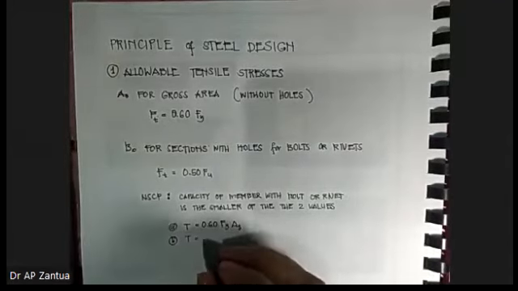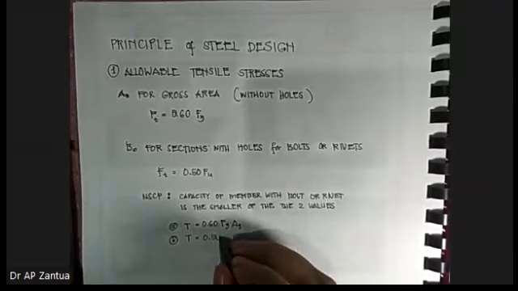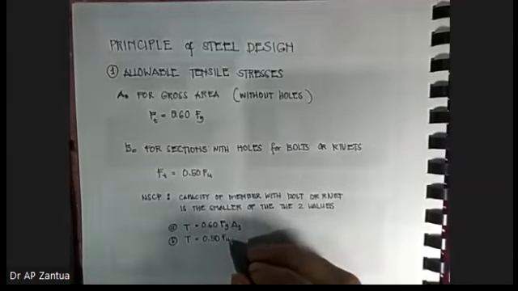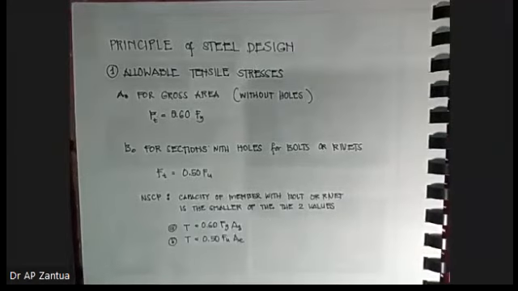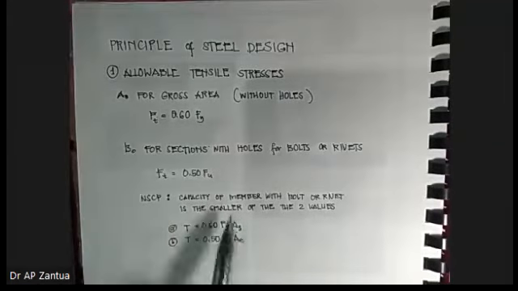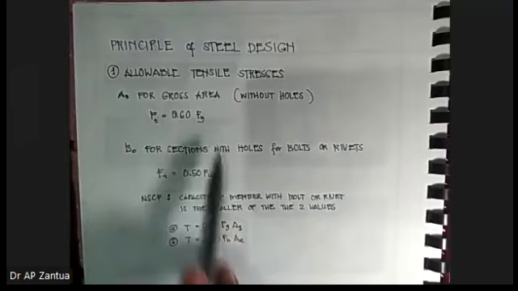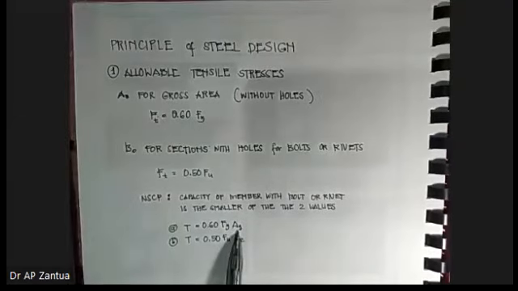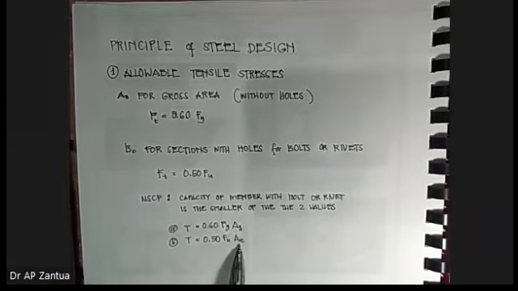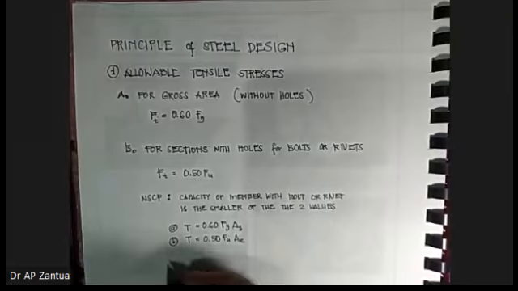So this is 0.5 Fu, but now it is effective. This is gross area, AG. What do you mean by AE? AE is the effective net area. So what is AE?